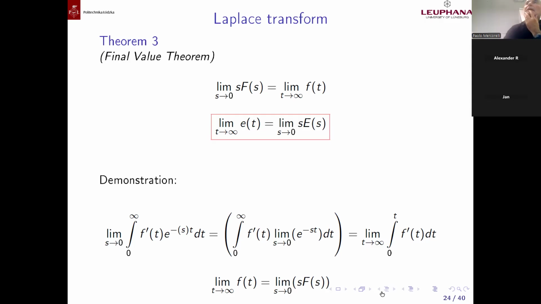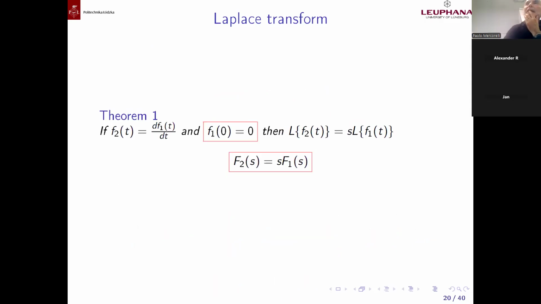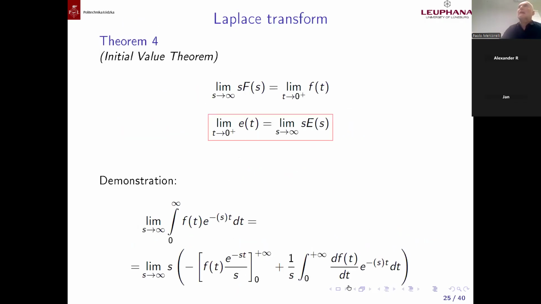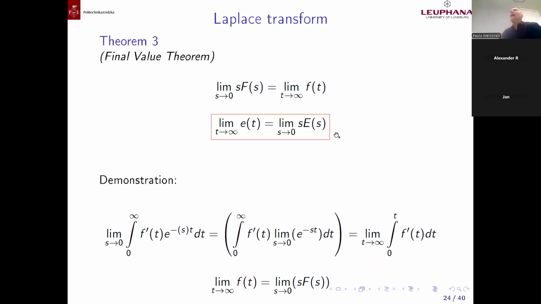Let me see if I remember well. No. F1, 0. This means we don't need anything. Again, excuse me for the error. I repeat, just in a second. Here we don't need any additional hypothesis, because in this part here, if f of 0 is not 0, we have here minus f of 0, but also here minus f of 0.